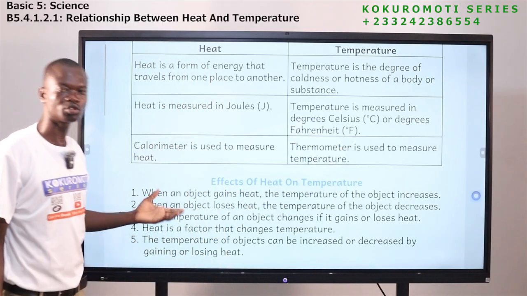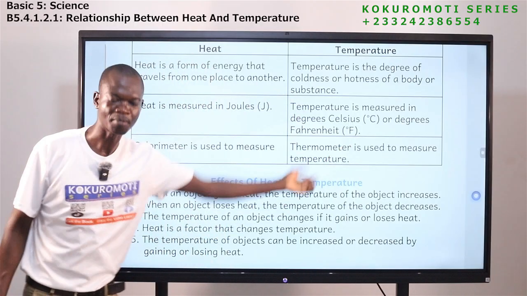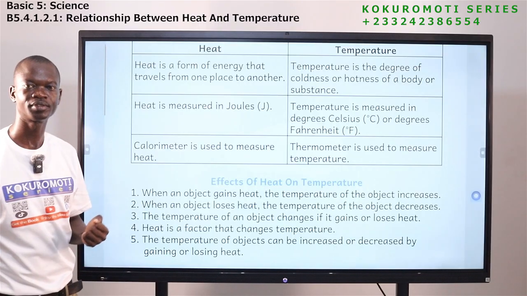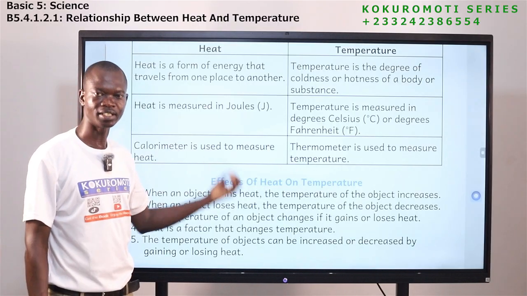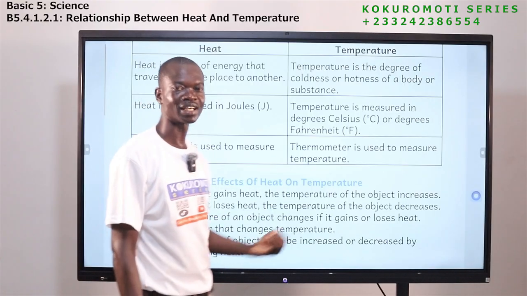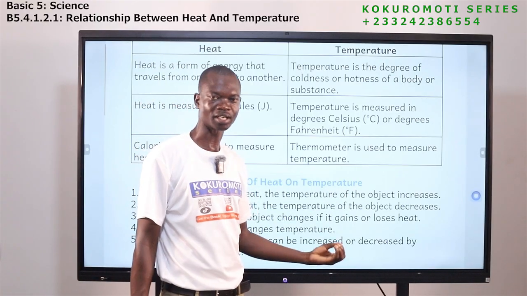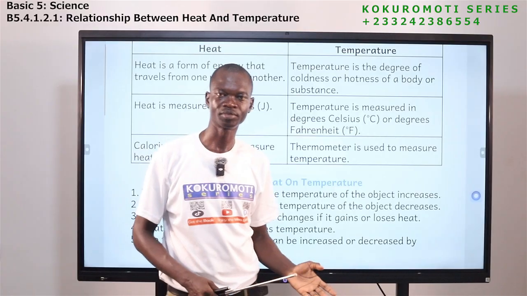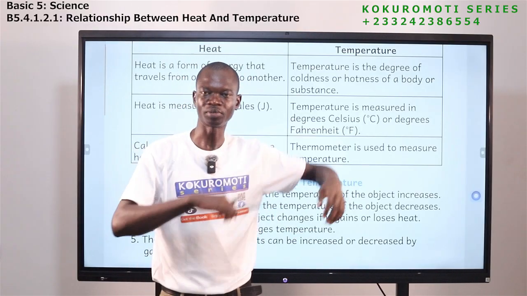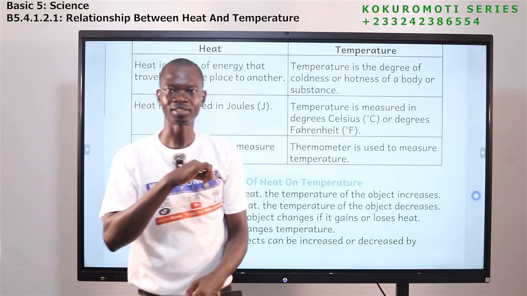Let's look at what is used to measure heat and what is used to measure temperature. So here we use calorimeter to measure heat, but thermometer is used to measure temperature. When you go to the hospital, they check your temperature. They use thermometer, they put it under your armpits here.